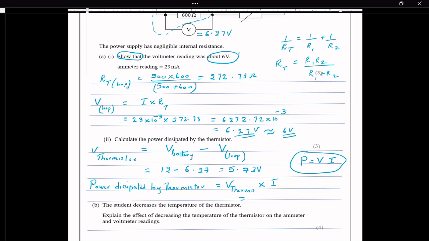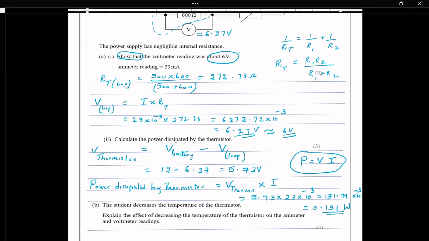So it is 5.73 times a current of 23 times 10 to the power of negative 3. This gives an answer of 131.79 times 10 to the power of negative 3 watts, dividing by 1000, so it is 0.131 watts.